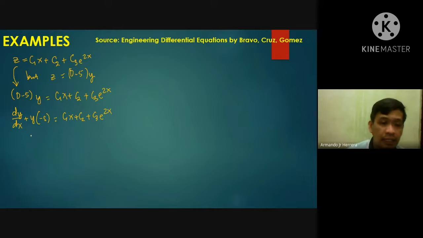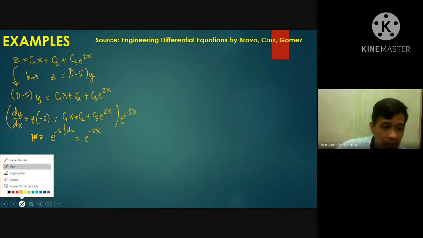We are to find the integrating factor na pala. So solving for the integrating factor, this is e to the negative 5 integral of dx. So that's e to the minus 5x. So multiplying our equation by e to the minus 5x, what will happen to our left side of the equation?